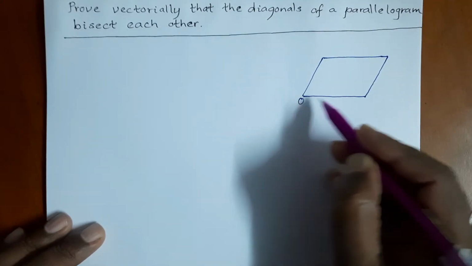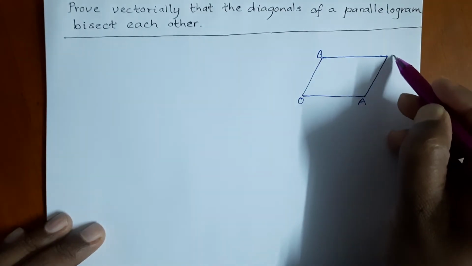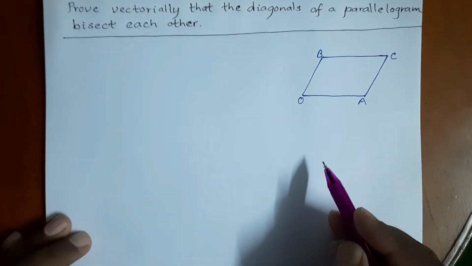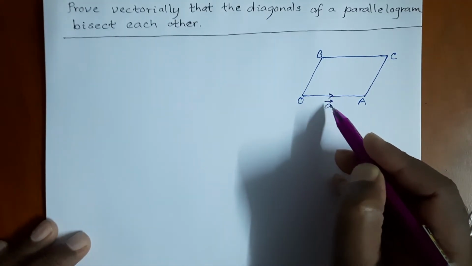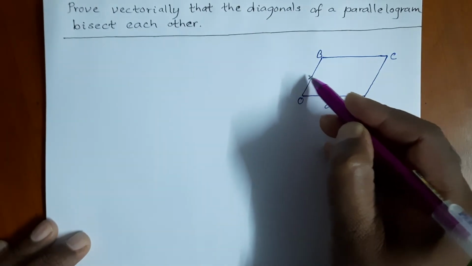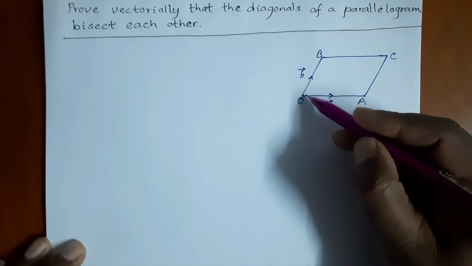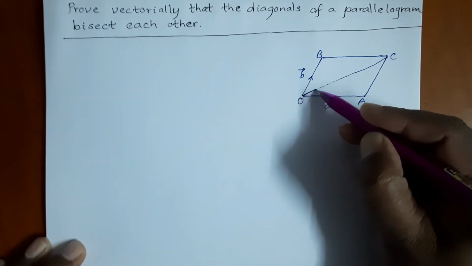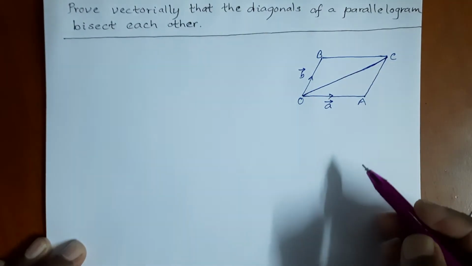Here O, A, B, C. This OACB is a parallelogram. Let OA equal vector A, OB equal vector B. And this OC is one diagonal.